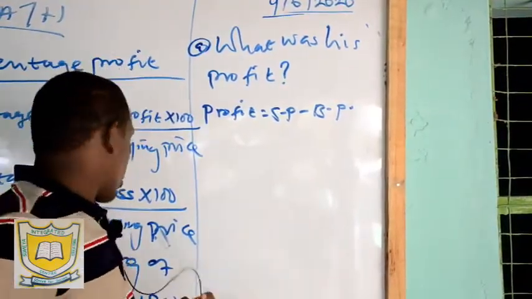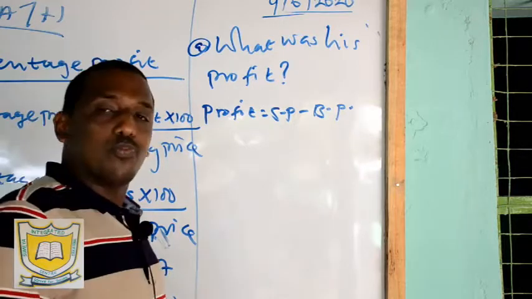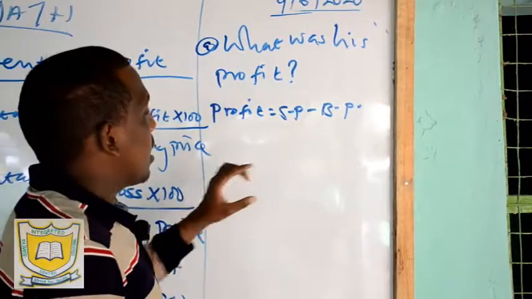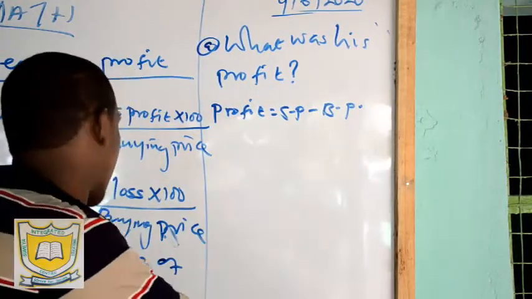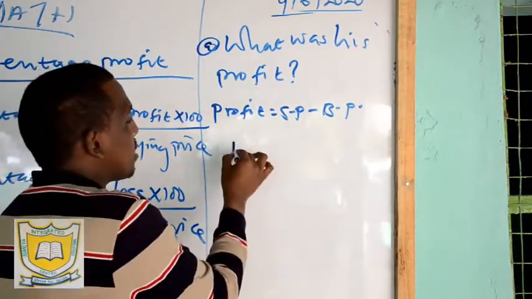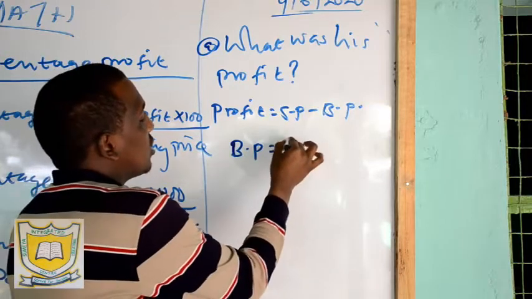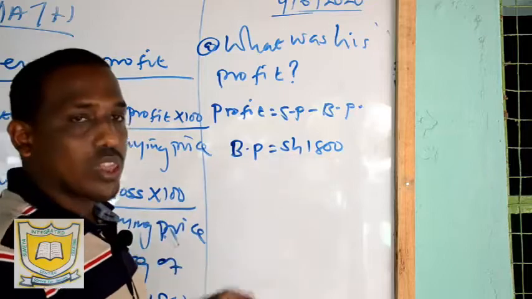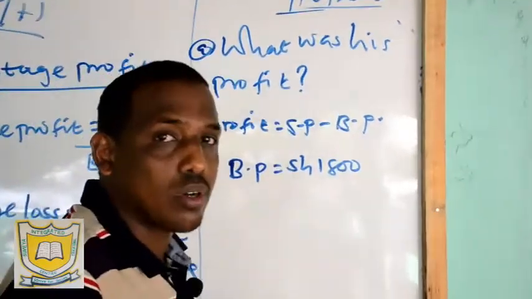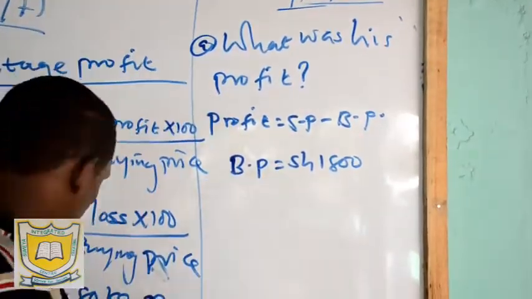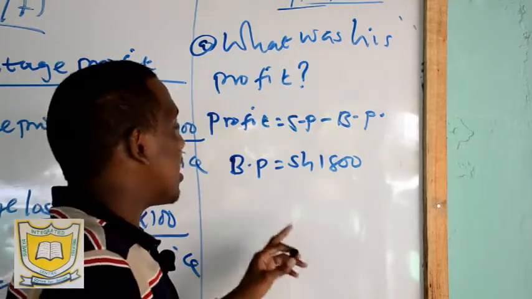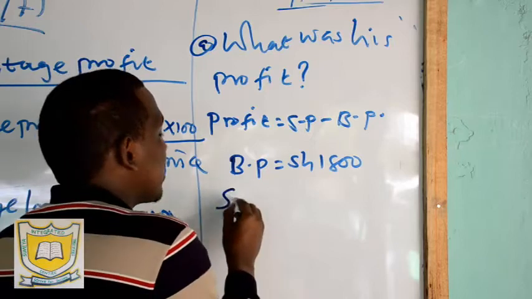You are told he bought 80 kgs of potatoes. He bought means that's the buying price: 80 kgs of potatoes for shillings 1,800. He later sold the potatoes at shillings 30 per kg. Sold means selling price.